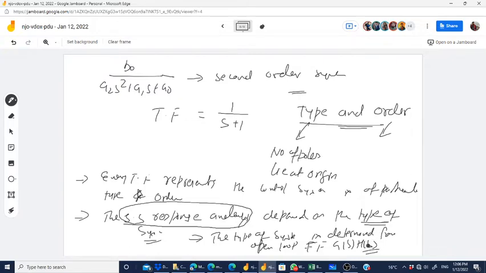Again I am saying, any transfer function specifies its type and order, and the steady state response analysis depends on the type of the system. How will the type be defined? The type of the system is determined from its open loop transfer function, G(s)H(s).